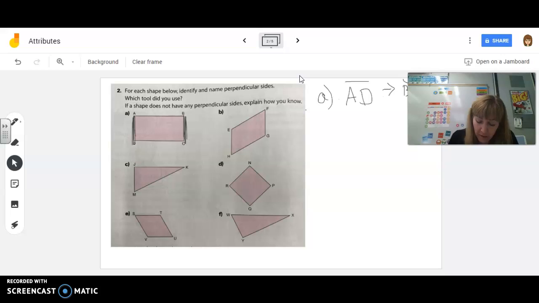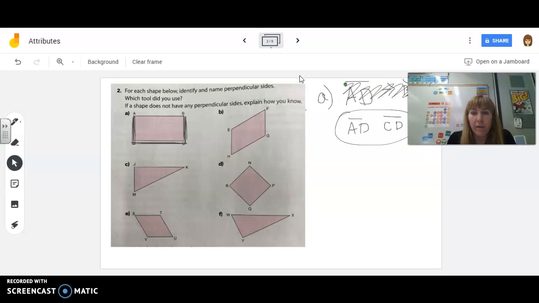Now a perpendicular one would be AD is perpendicular to CD. So this is the right answer. That's parallel. Okay, so if they are perpendicular to each other, that's how you name them. Put a little line on top of it, AD, CD. So those two are perpendicular.